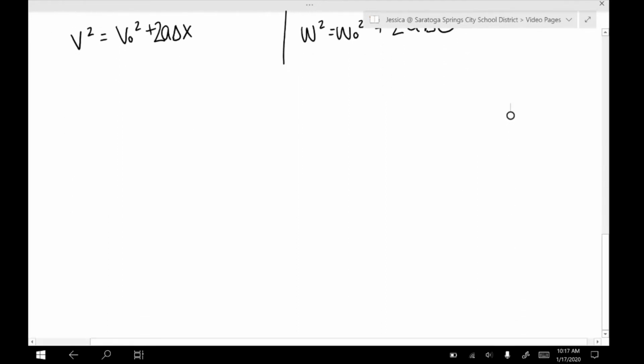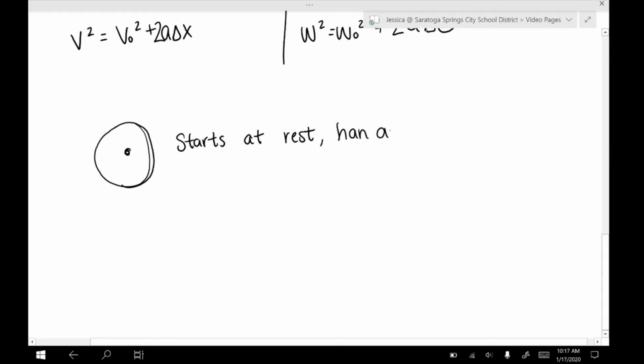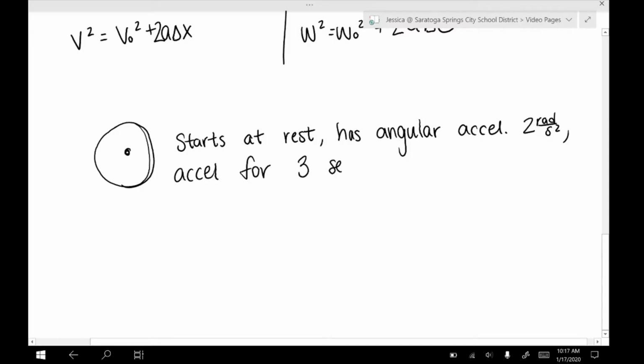So let's say we have an object, a turntable, right? It starts at rest, has an angular acceleration of 2 radians a second squared, and we are accelerating for 3 seconds.